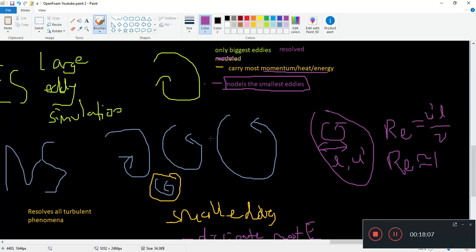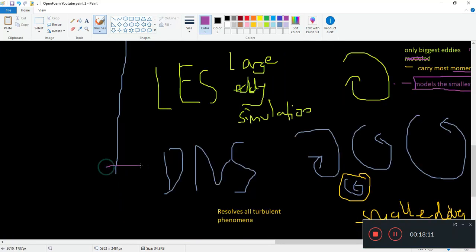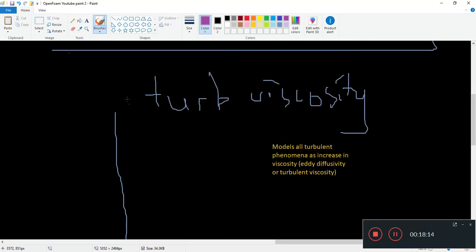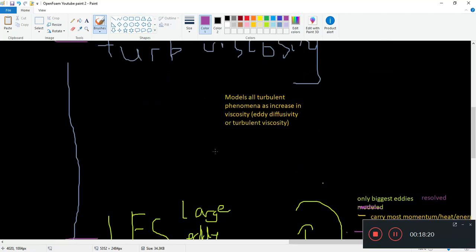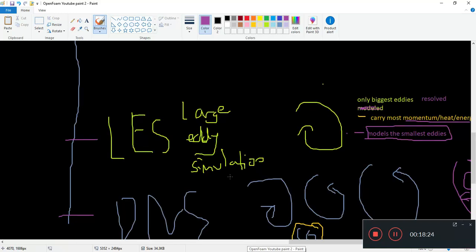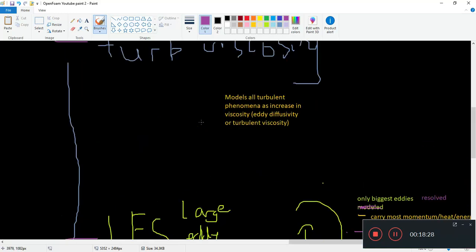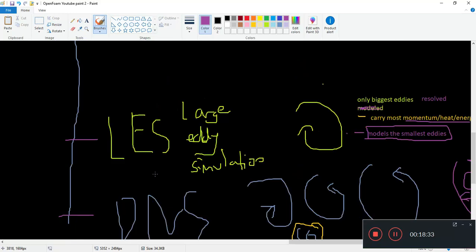So in terms of computation power, this is less than DNS, but much more than having a turbulent viscosity assigned for everything. If you're using CFD software, for example OpenFOAM will have a Reynolds average Navier-Stokes, which will fall into this category, and LES will obviously fall within this category.